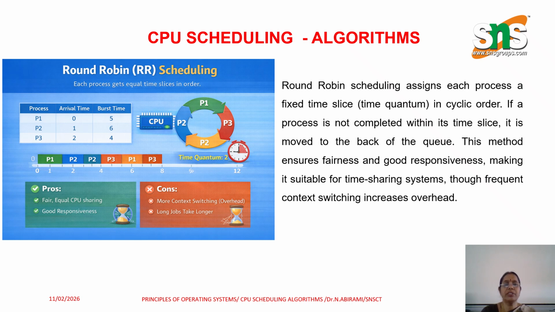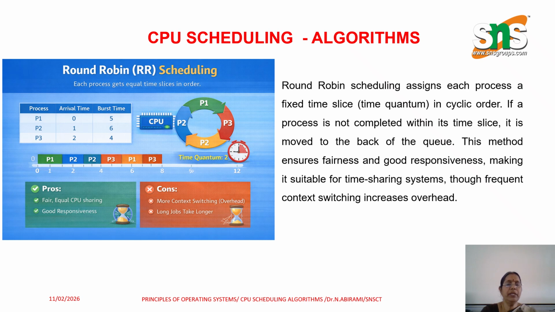If a process is not completed within its time slice, it is moved to the back of the queue and will be present at the tail end of the queue. This method ensures fairness and good responsiveness, making it suitable for time sharing systems, though frequent context switching increases the overhead. And also you can see here long jobs take longer time to complete because of the time quantum.